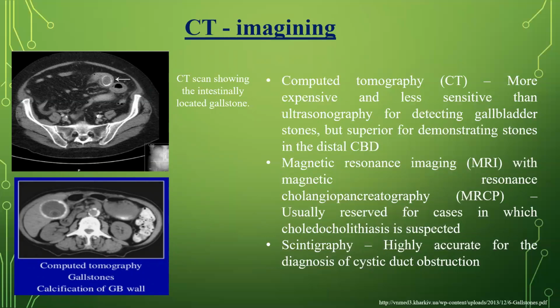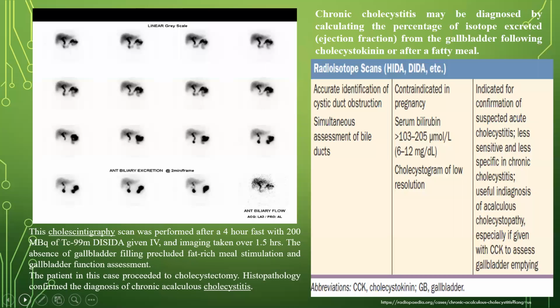Scintigraphy is highly accurate for diagnosis of cystic duct obstruction, but more expensive than previously named and not so frequently used in hospitals.